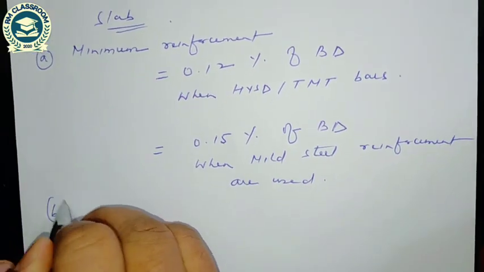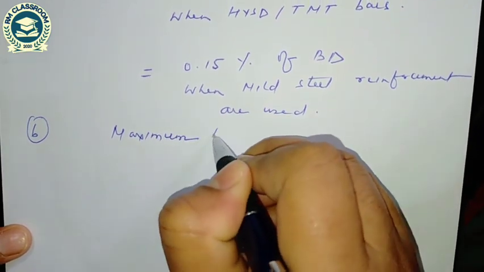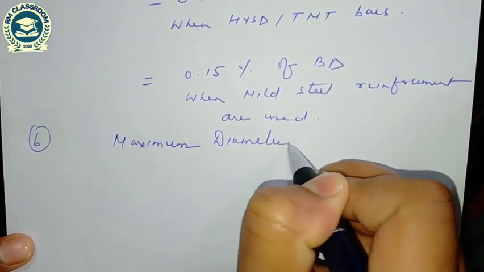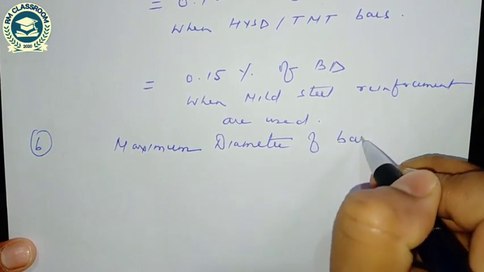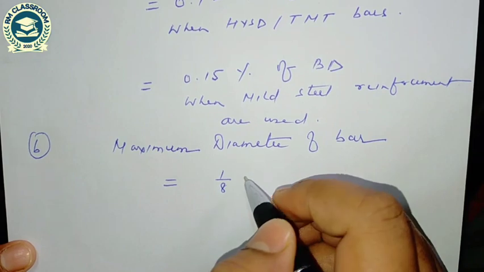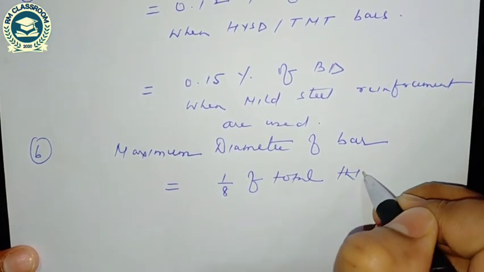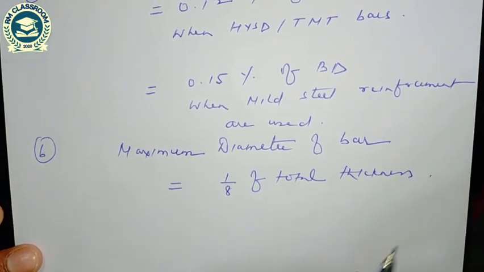Similarly, the maximum diameter of bar is 1/8 of the total thickness. These are the IS codal provisions.